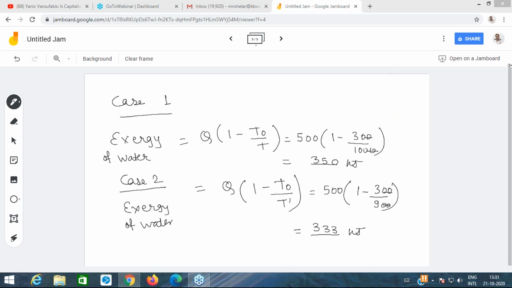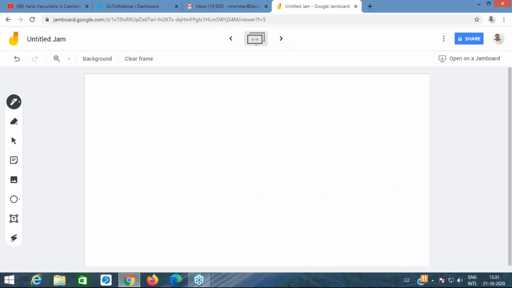Okay, let me write down the case 3. Suppose you take case 3, wherein there is a source again at 1000 kilojoules.